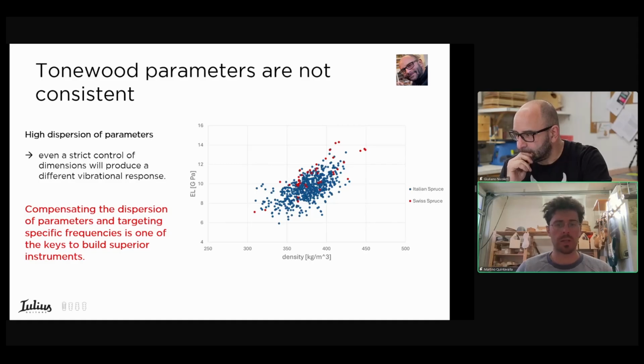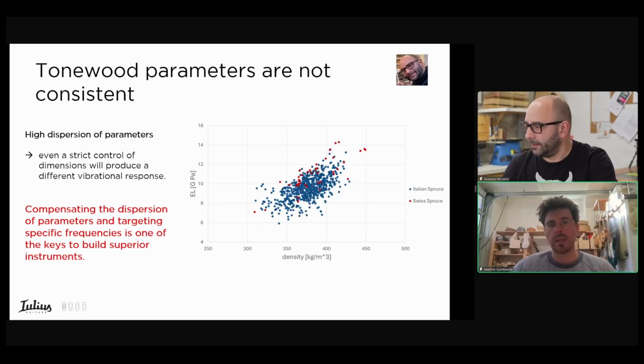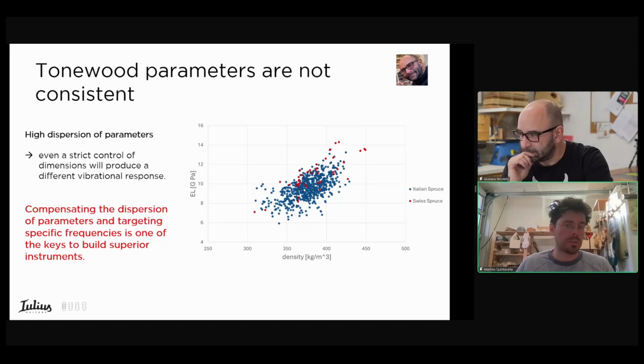From like 315, 320 to 400 and something kilograms per cubic meter. And also the stiffness can vary a lot. And so for this reason, we can expect that if we build following the same geometry of the instrument, with the same thickness, for instance, we will most probably have quite scattered results.